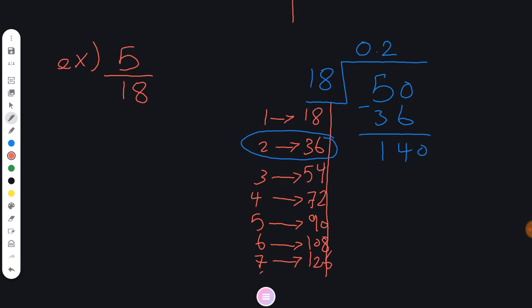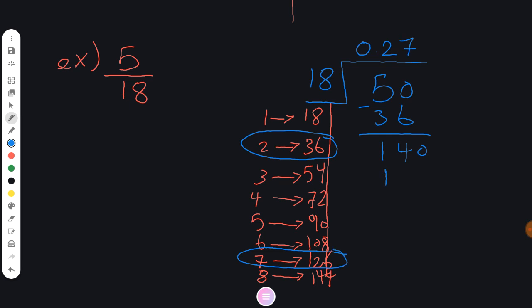Still need more. 8 times 18 equals 144. We exceed the number, okay? So what should we choose? Yes, we'll choose the number 7. So the result is 7, okay?